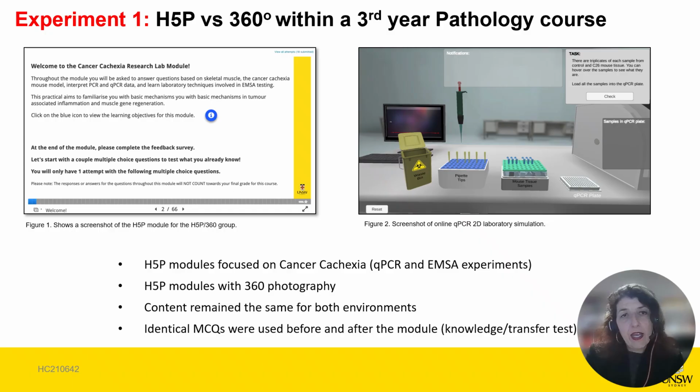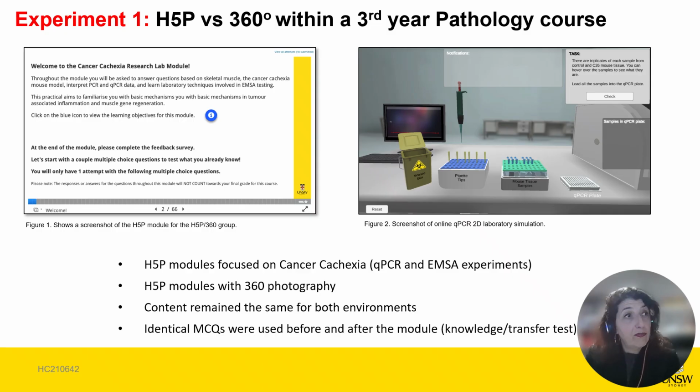When I'm outlining experiment 1 here, I want you to think about H5P versus the 360-degree immersive environment, so the comparison of those two. We brought the students into the concept of learning about cancer cachexia. We had two types of experiments that we brought across as part of the analysis of cancer cachexia, qPCR and electrophoretic mobility shift assay experiments.